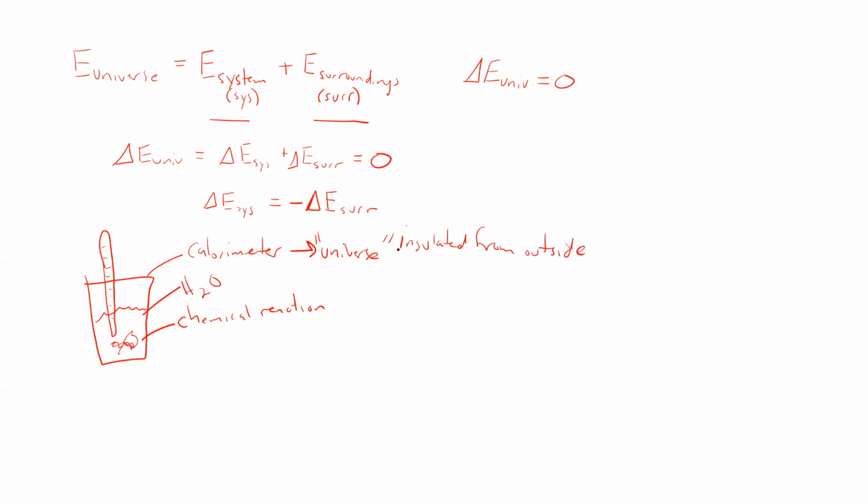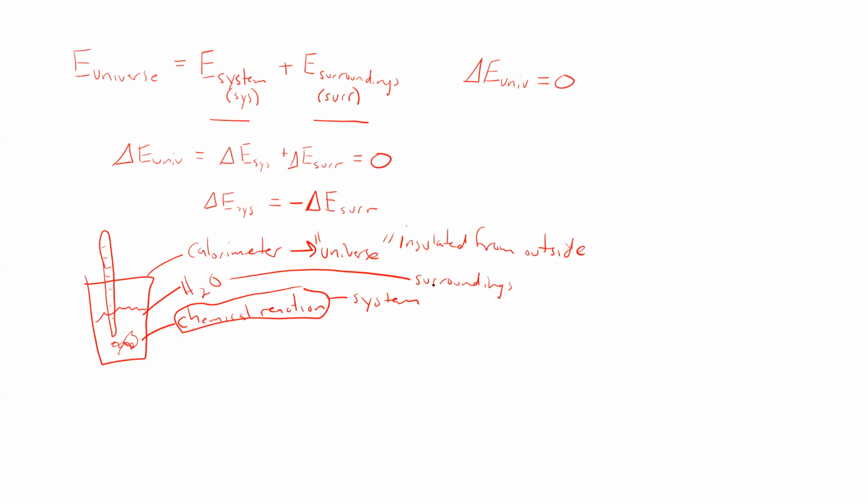So when we think about it as being this little universe, since it's insulated from everything outside of it, we can think of the chemical reaction or process that's occurring as being our system, and the water as being the surroundings.